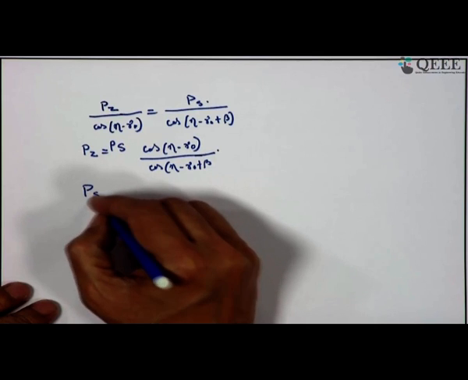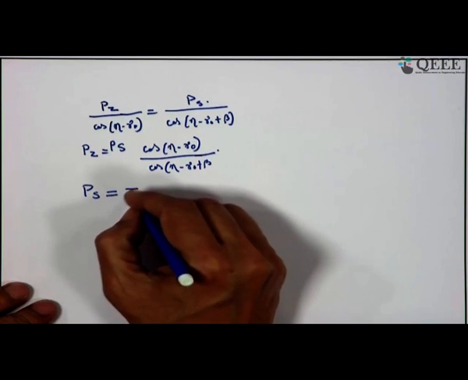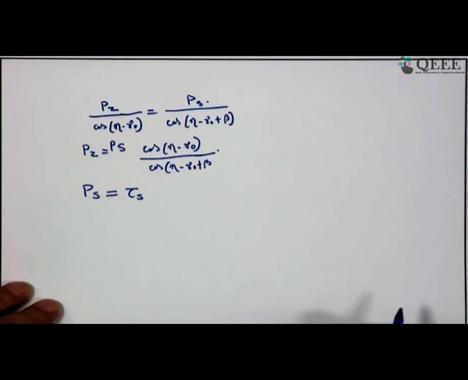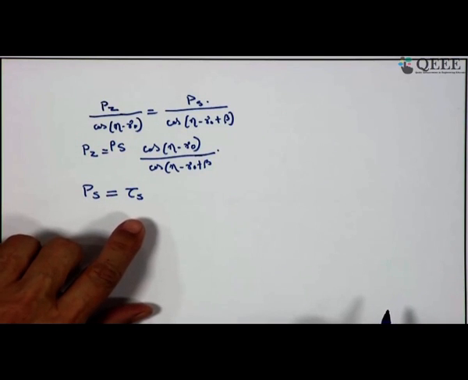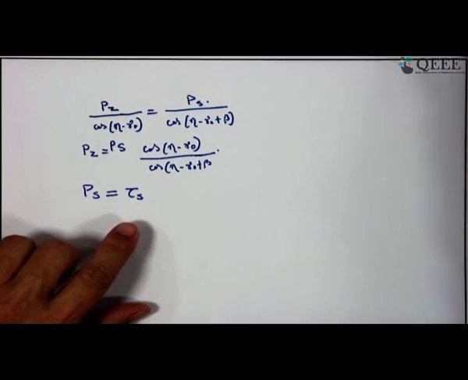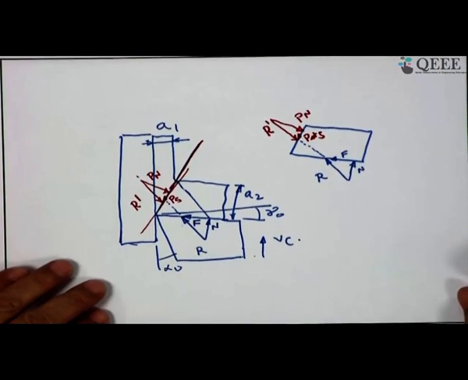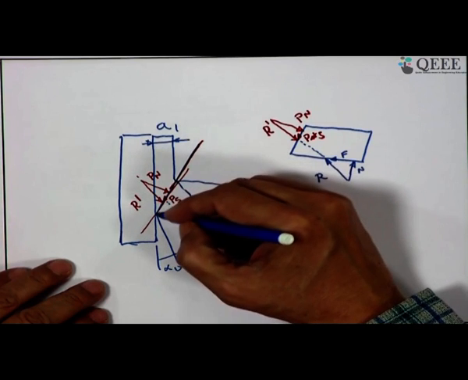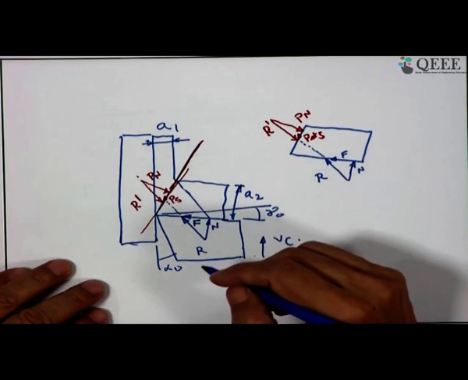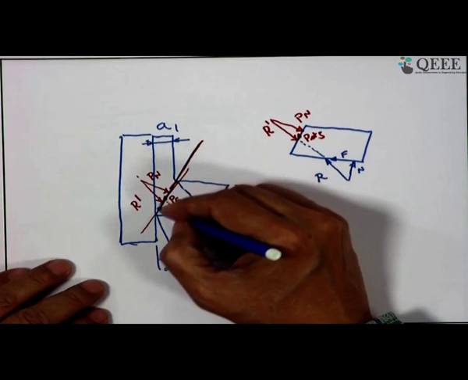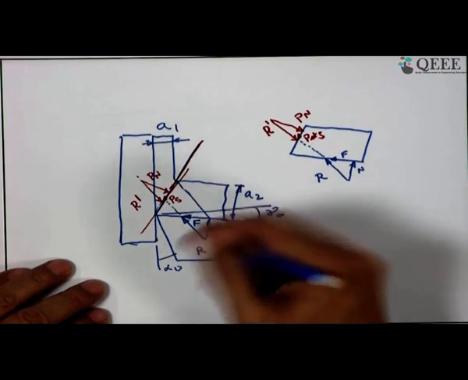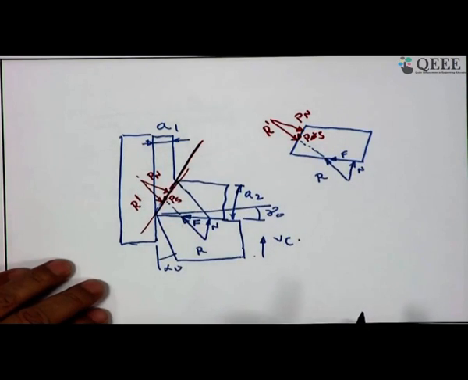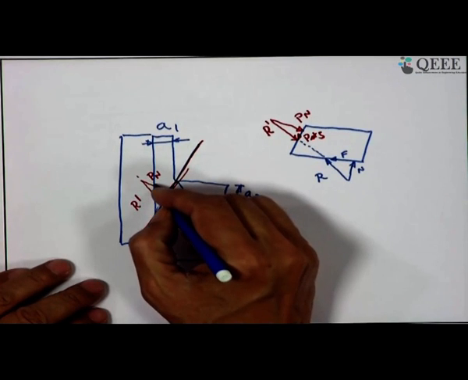Let us see. We put tau S, that means the dynamic yield shear strength of the material, and to have the shear force, perhaps we can get back to one of our drawings I have just made. So, please have a look here. So, this is actually the length of the shear plane. Okay. Now, if this is the length of the shear plane, how can we express this shear plane length in terms of A1?